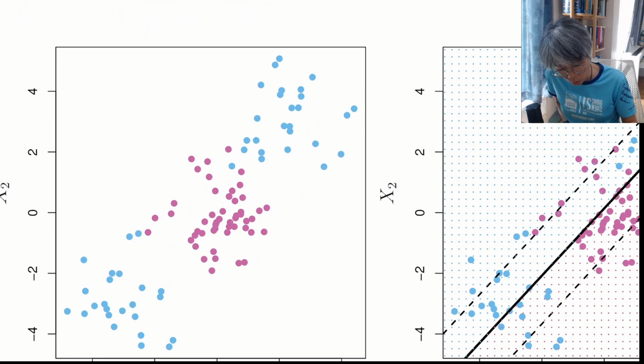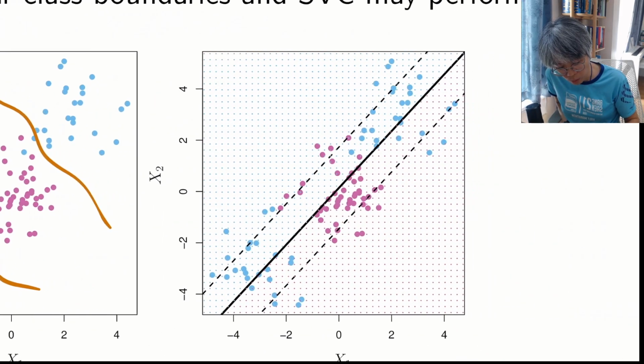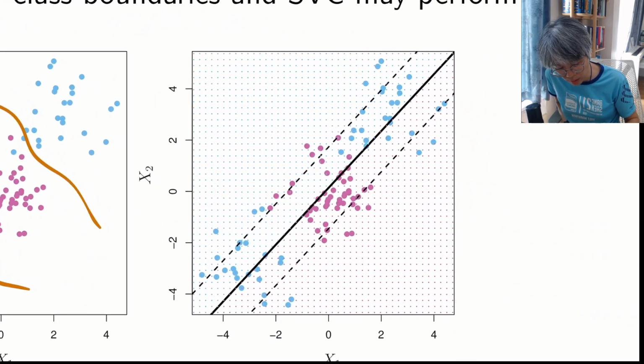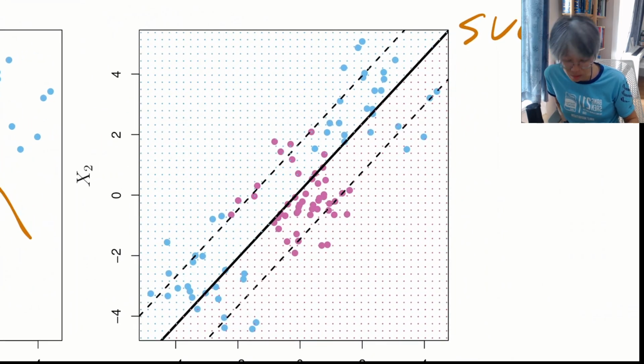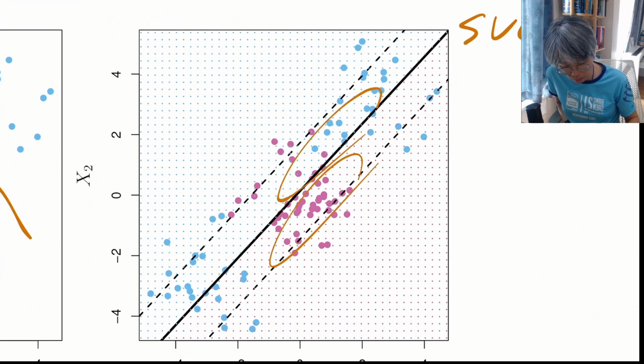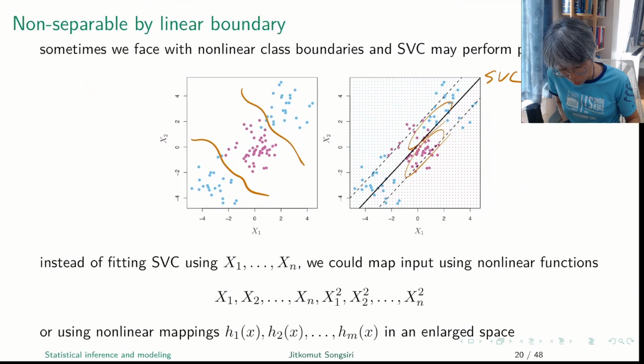Maybe if you see the labels and everything here, you may see that you should classify it using these two decision regions. But if you attempt to use the linear classifier as we see, it turns out to have the result like this, and there's a lot of error here.